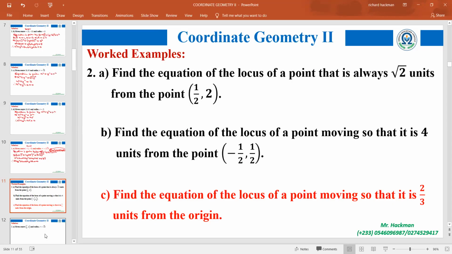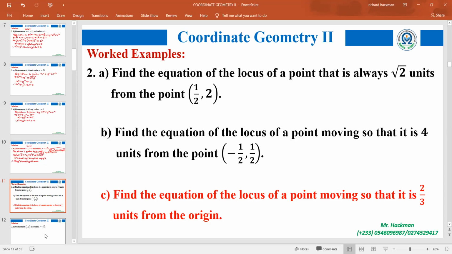The x coordinate is 1 over 2 and the y coordinate is 2. What information is given here? Read through the question and try to see if you can pick what root 2 represents, what 1 over 2 represents. Okay, Gloria.